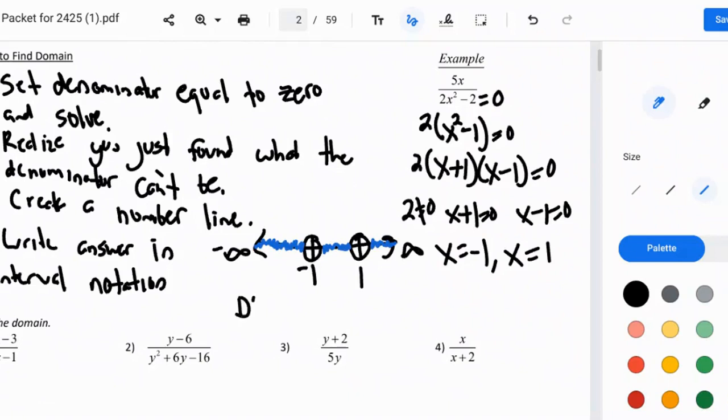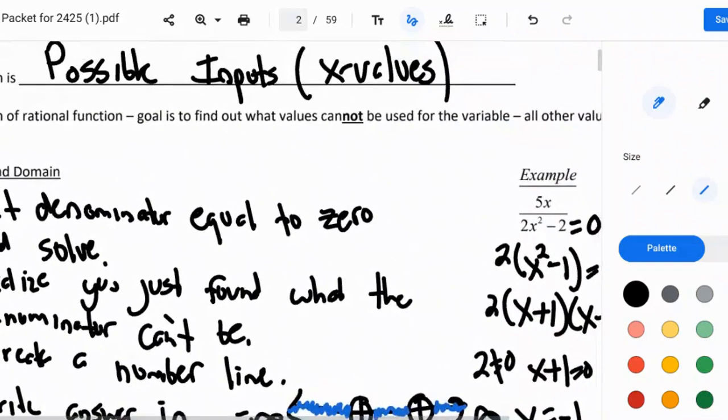So our domain would be negative infinity to negative 1. In geometry, you learn this U for union. Negative 1 to 1. Another U, 1 to infinity. So that means that your domain can be any number on the number line, except for the 2 that you found would give you a 0 on the bottom. So that was our whole piece right up here.